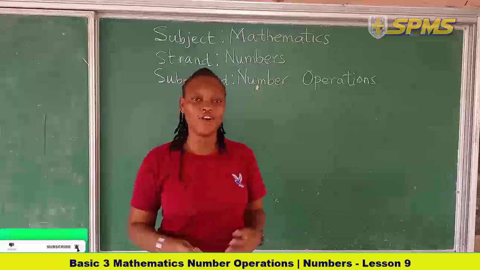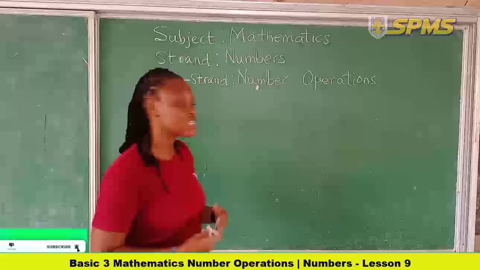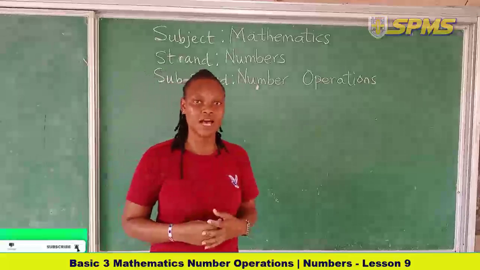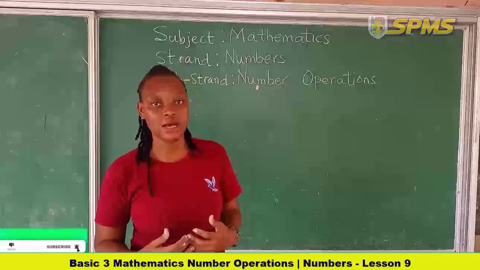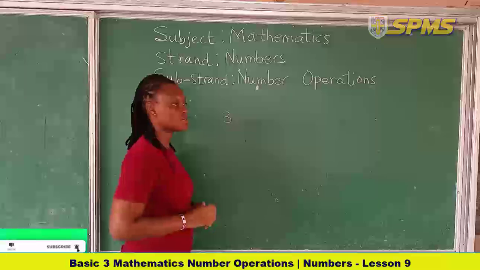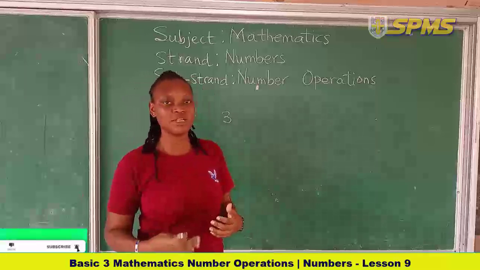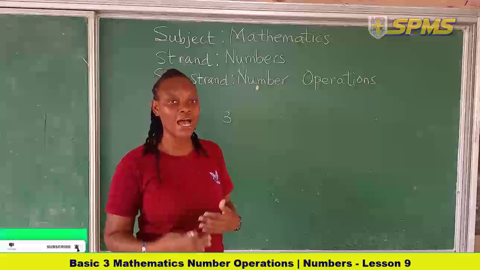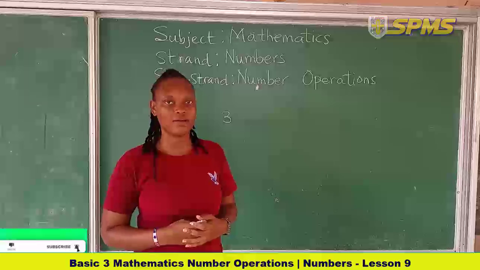Alright children, so we are going to skip count in threes. Skip count means that we are going to jump over certain numbers. For example, we are skip counting in threes. It means that our numbers should be in what? In threes. We will add threes to each number.